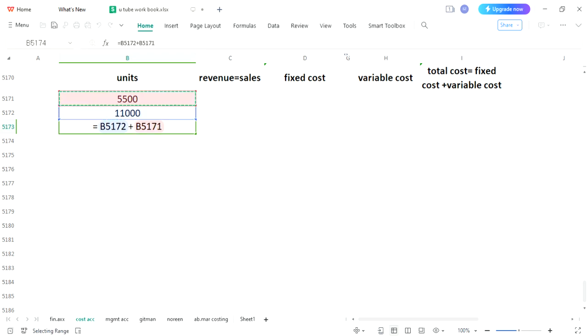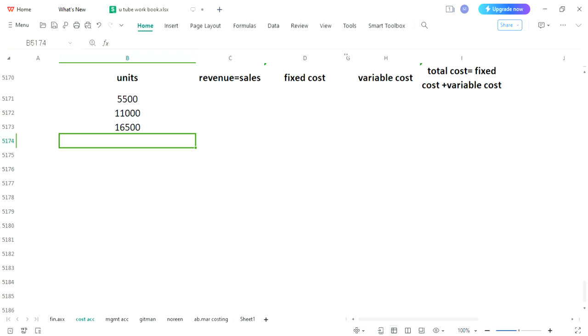So in this way your number of units would be 5,500, 11,000 and 16,500. Please understand, these are supposed amounts. 11,000 we calculated through the break-even point units, and these 5,500 and 16,500 are supposed amounts. You can write any other amount less than 11,000 and any other amount more than 11,000 over here.